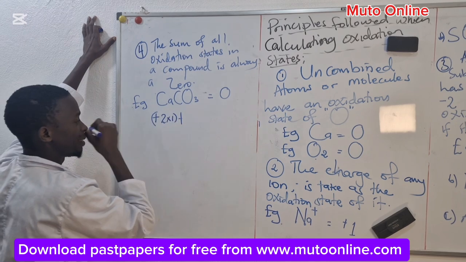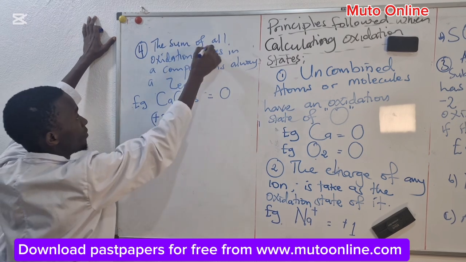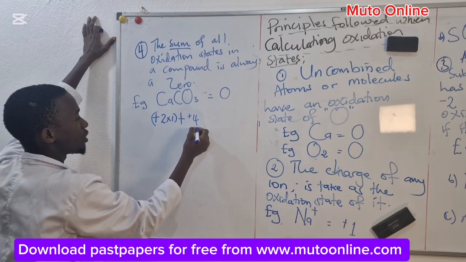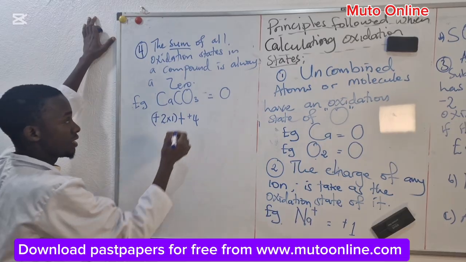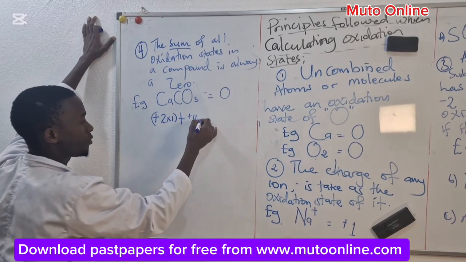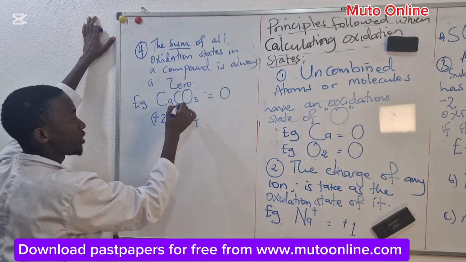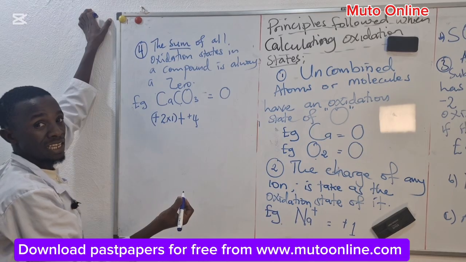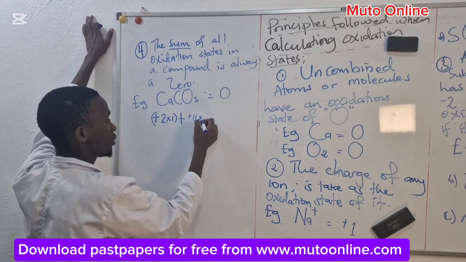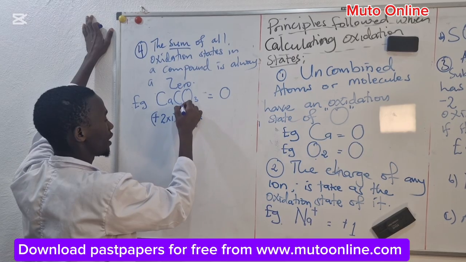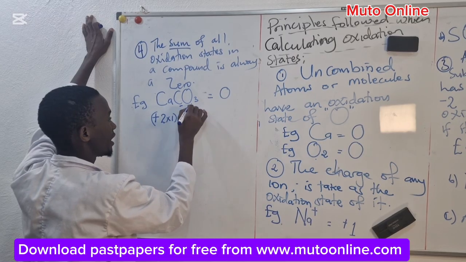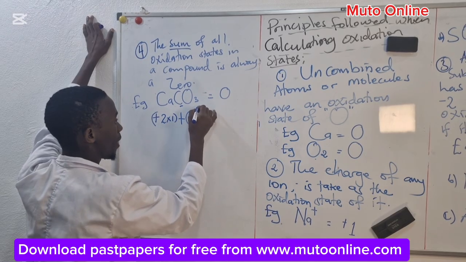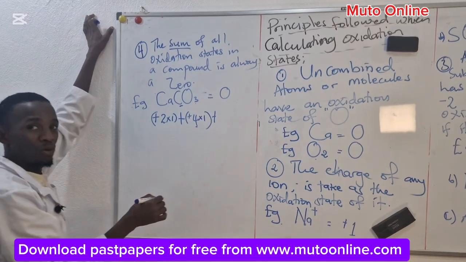Then plus, because they told us the sum, the carbon needs to share 4 electrons times the number of atoms. Why sharing? Because carbon is a metalloid, we know that, and metalloids bond by sharing electrons. The number of atoms of carbon in this compound is 1. And plus, we want to prove, is it 0?